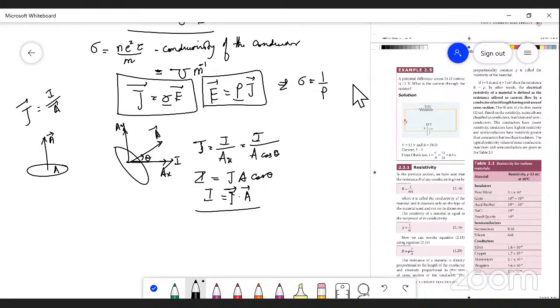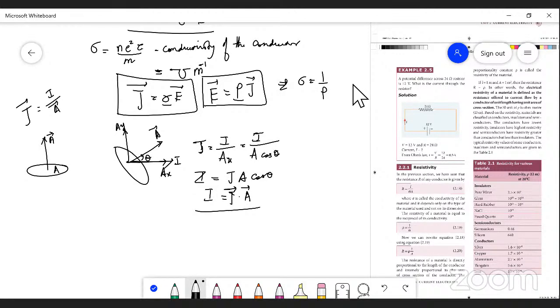I equals J vector dot A vector. Once again, this expression reveals that current is a scalar quantity. If the product of two vectors is a dot product, then the resultant quantity must be a scalar. J vector, current density, is a vector quantity. A vector, area vector, is a vector quantity. If they are taken as a dot product, the result will be a scalar. So once again, this expression reveals that current is a scalar quantity.